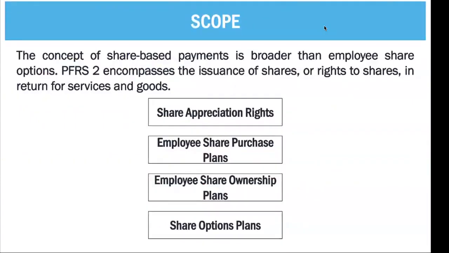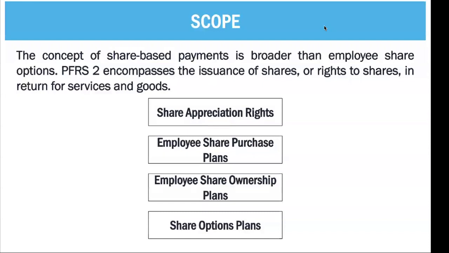So what is the scope of share-based payment? The concept of share-based payments is broader than employee share options. Normally, what people think about PFRS 2 is only a share option or employee share option, and that is already discussed in the other topics.